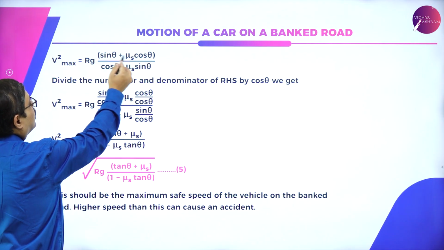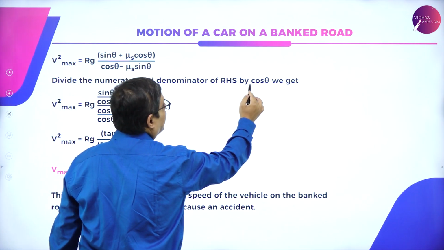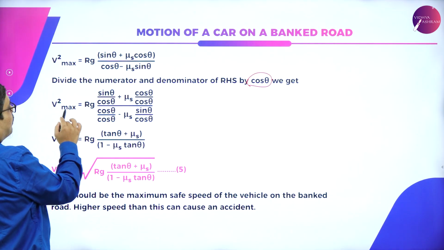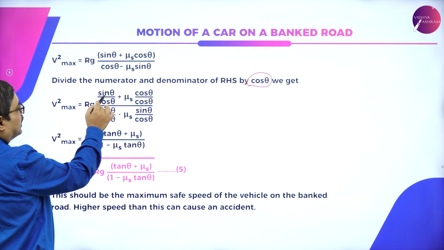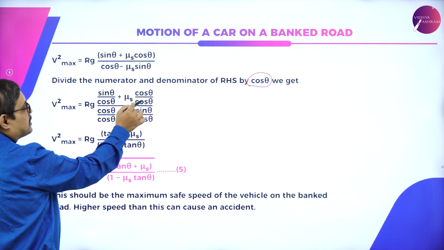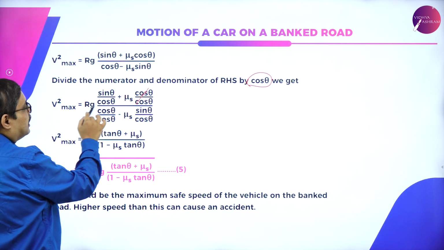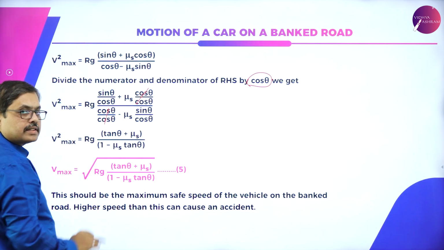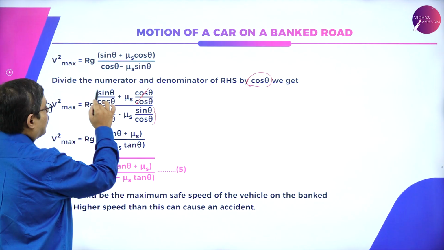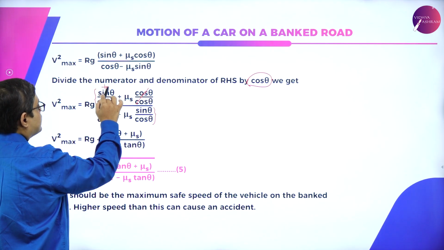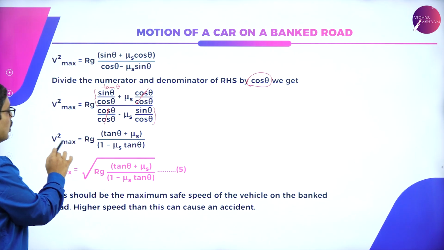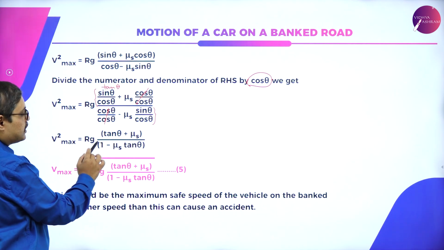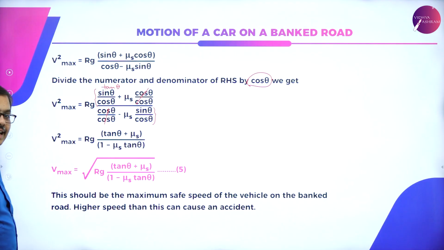Let me divide both the numerator and the denominator by cos theta. What happens? V max squared equals rg into sin theta by cos theta plus mu s, as cos theta by cos theta gets cancelled, divided by cos theta by cos theta minus mu s sin theta by cos theta. Obviously, sin by cos can be written as tan theta. So V max squared becomes rg into tan theta plus mu s by 1 minus mu s tan theta.